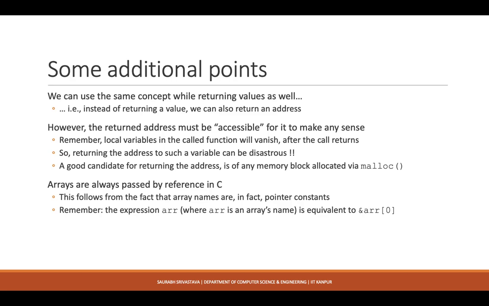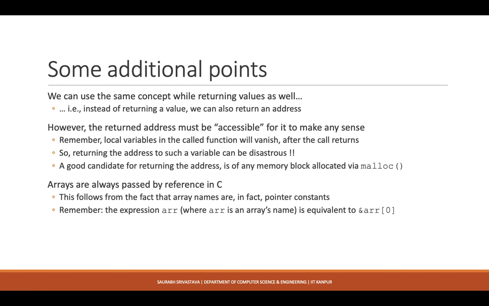There is one exception, we can probably say, to all that pass by value talk that we had about C, and that is basically the case when you try to pass an array to another function. So arrays are always passed by reference. And why is it so? This is because, by default, array names are actually pointers.